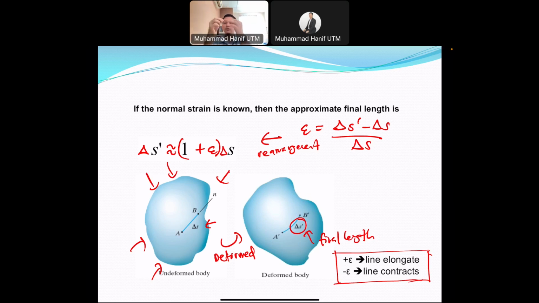If epsilon is negative, it means the line is in contraction. We push, this one cannot be done with a rubber band, maybe another material. So if I push, the strain will become a negative value, indicating the line is in contraction. Okay, so we move to the next one.